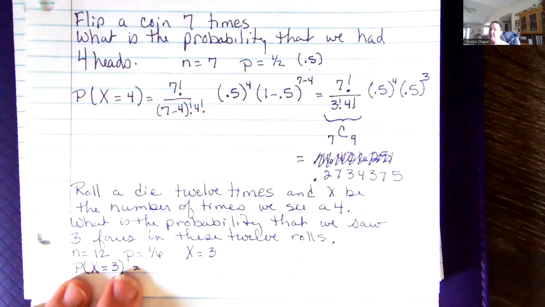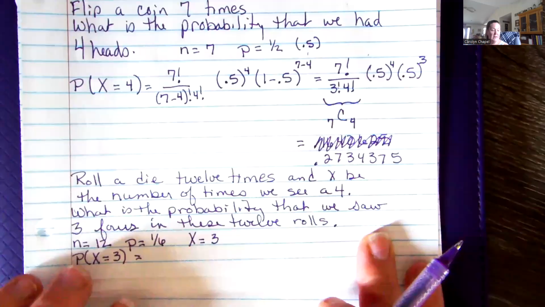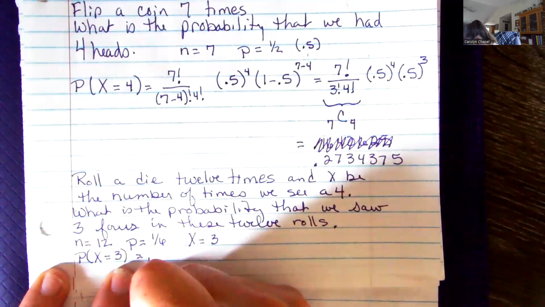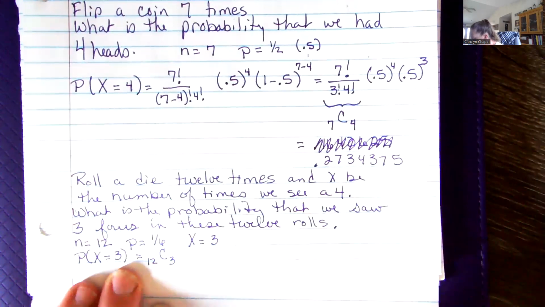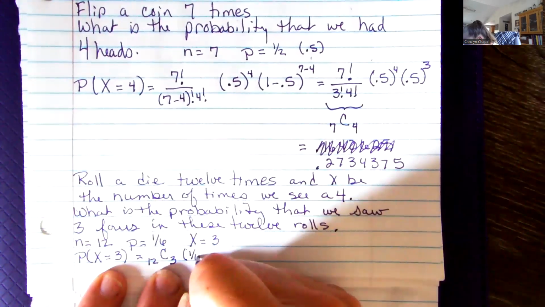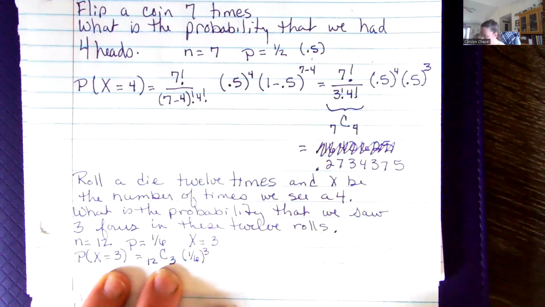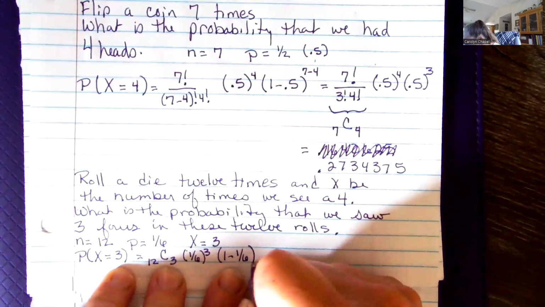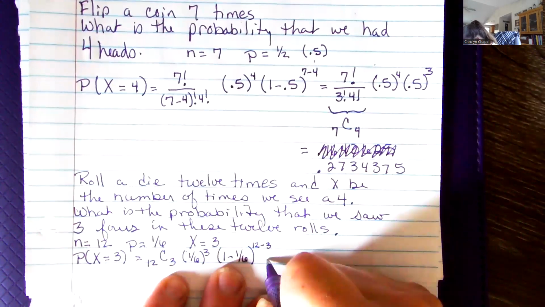And I'm going to use the combination form because many calculators nowadays do have that button on there. So it is 12C3 times our p, which is 1/6, to our x value. And then we're going to do 1 minus the 1/6 to our 12 minus 3.